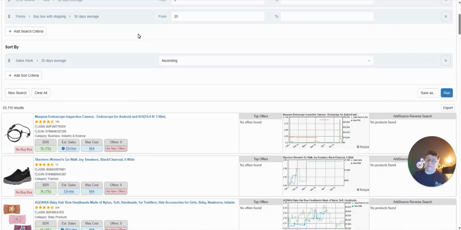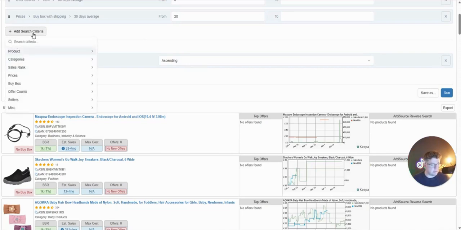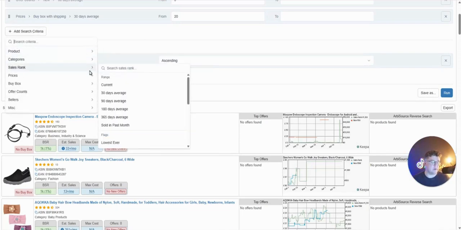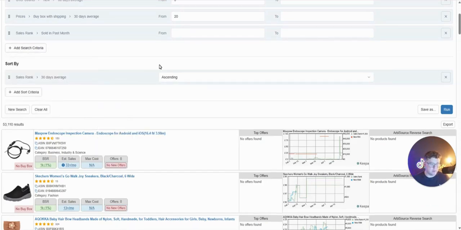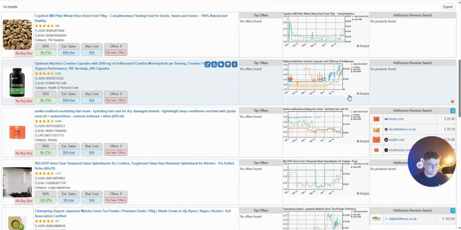If you wanted to target the faster sellers and avoid potential IPs and look for them out of stock listings, what you could do is go to add criteria here. We go to sales rank, and we can look at the sold in past month, and you'll be able to put that as a 50 potentially as confirmed sales, and then we could run this search again.